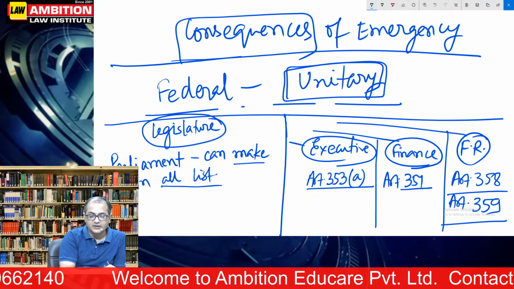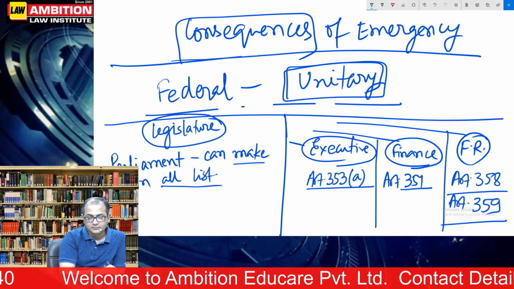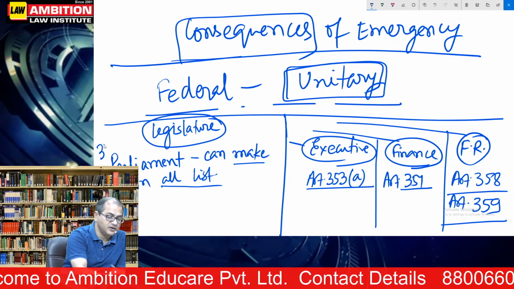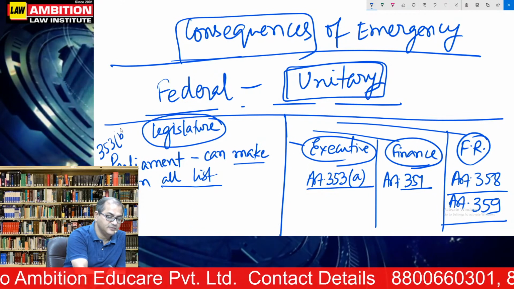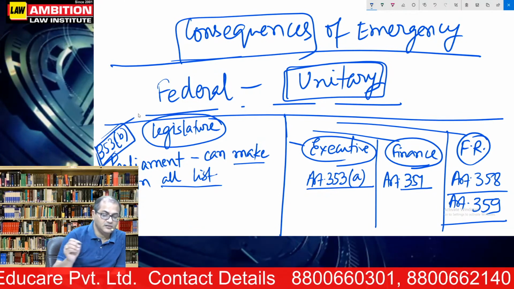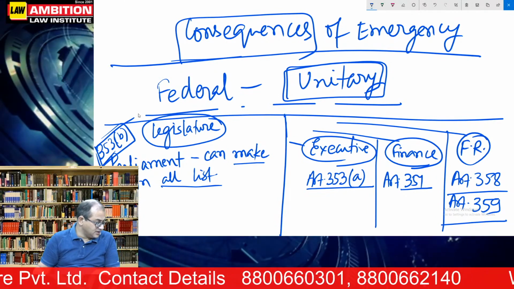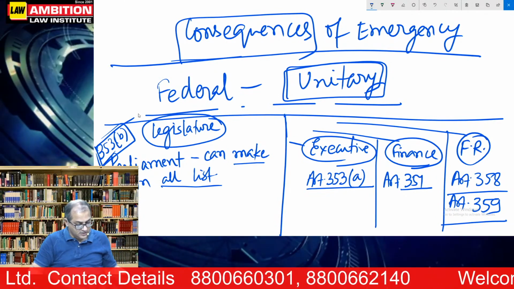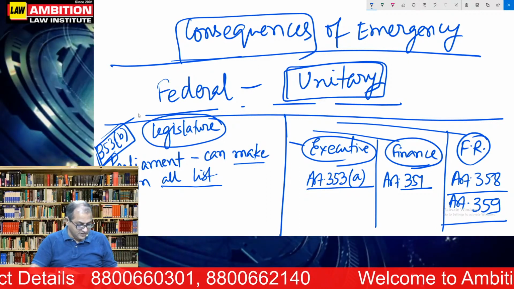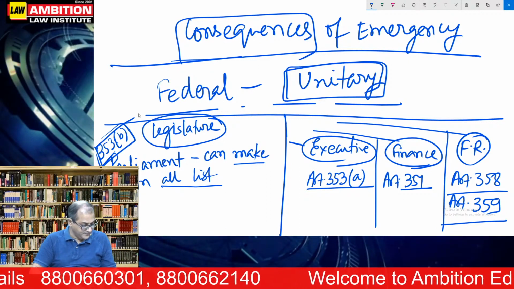That is list 1, list 2, list 3. So this is how it can become unitary. This is what is 353B. Is this clear? भाई मेरी बात आप समझ पा रहे हो कि नहीं? 353B भी देख लिया आपने, Parliament can make law in all lists, क्लियर है?